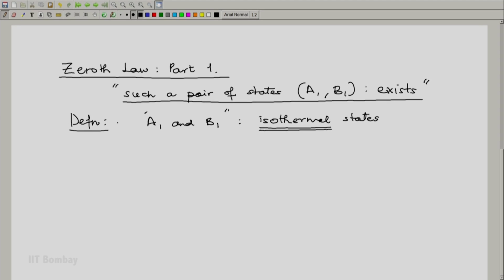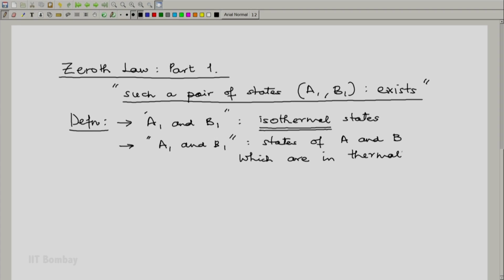Another way of saying the same thing is A1 and B1, these are states of system A and B which are in thermal equilibrium.